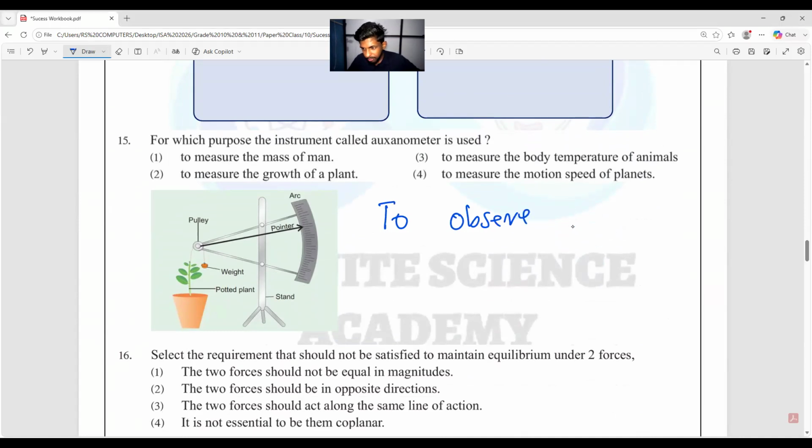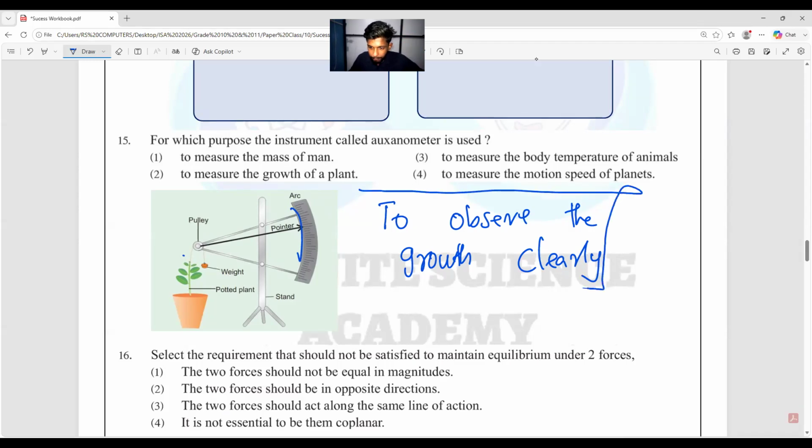Even if it is a small change, it will make a big difference in the arc. So that's why we are using the axonometer, to observe the growth clearly. The plant growth will be very, very small and very slow, so it will take time. If you want to observe the change clearly, we will be using the axonometer.